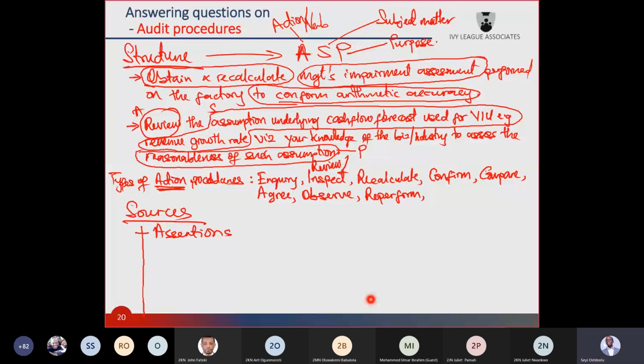You want to verify completeness or accuracy of the amount. You need to even know this factory, all the assets attributable to it as a cash generating unit, have they been allocated to it for the purpose of impairment testing?